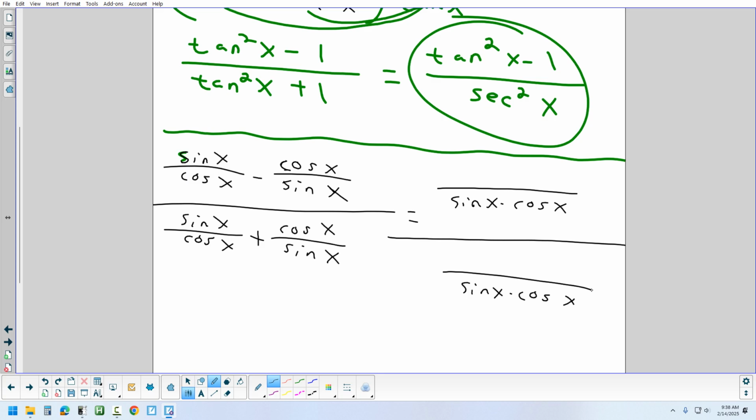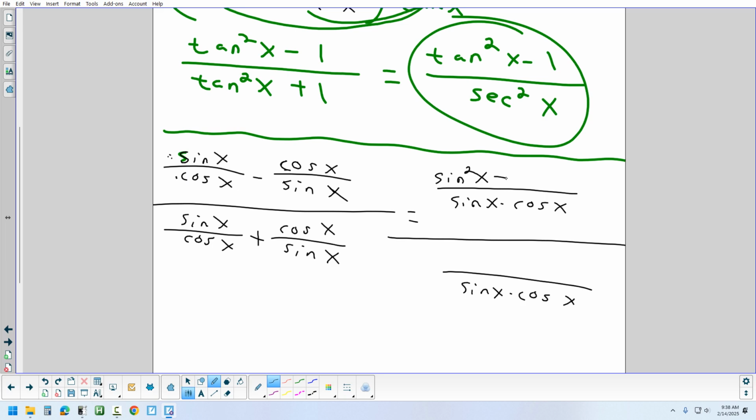But what do we have to multiply the top and the bottom by for this first fraction? Sine. So that's going to become sine squared minus. And what do we have to multiply top and bottom by in the second fraction?